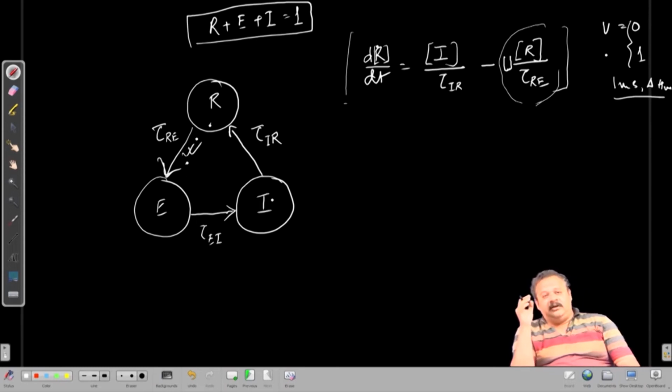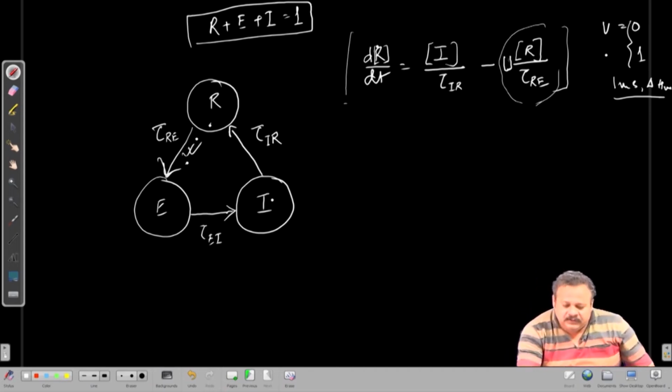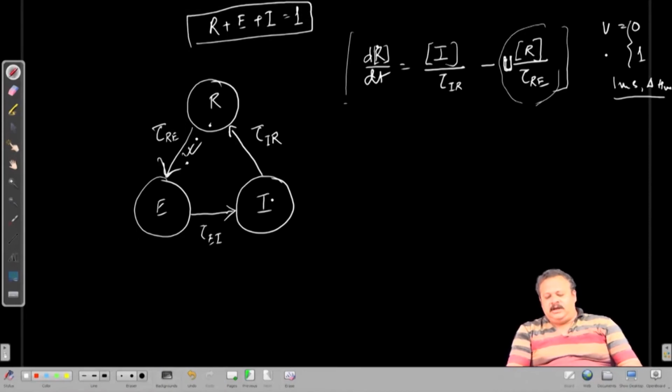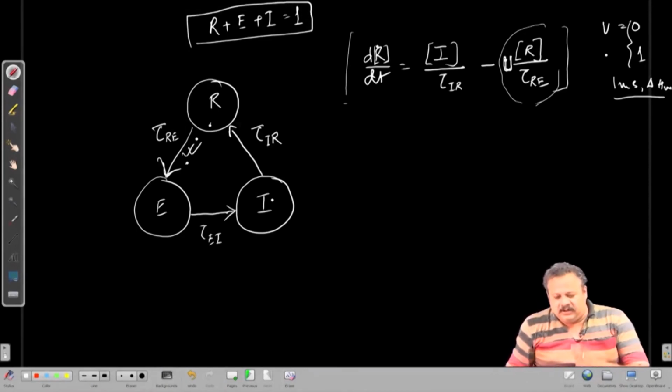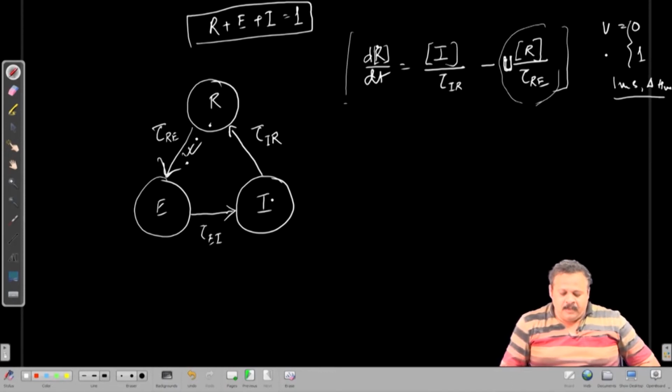That will essentially represent that the depolarization has happened and the calcium comes in, and the recovered pool sends neurotransmitters into the effective pool. So, that is what we are representing by this U, which can be taken as 1 for the spikes for that small duration.